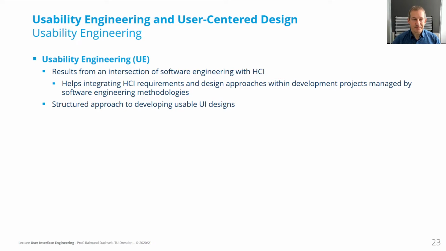That's for sure. So we talked about these methods, such as the GOMS method, or the stages of action model by Norman, or Fitts' law, etc. These are all methods of human-computer interaction, and if you combine them and intersect them with software engineering approaches, like the structured development in certain phases, you arrive at usability engineering.